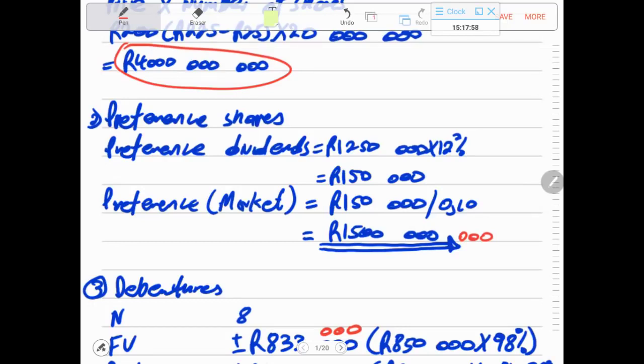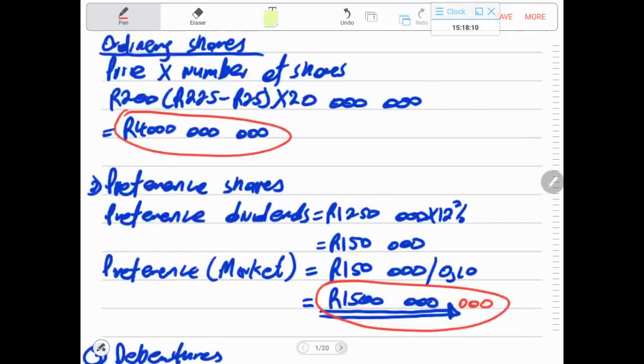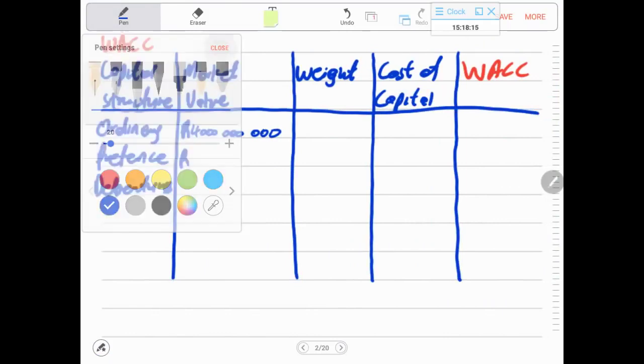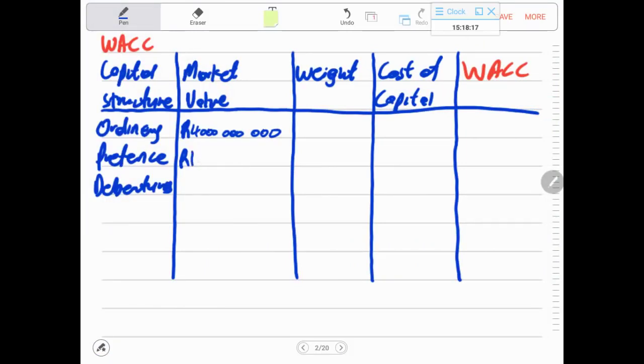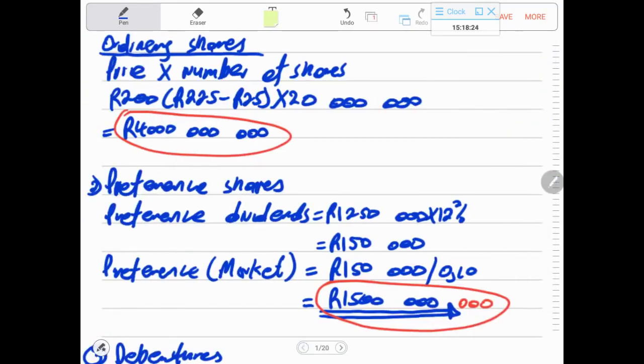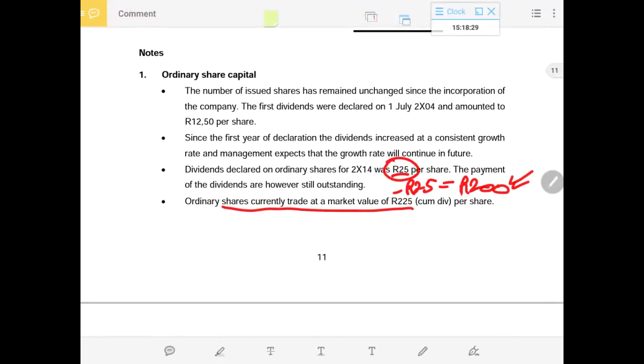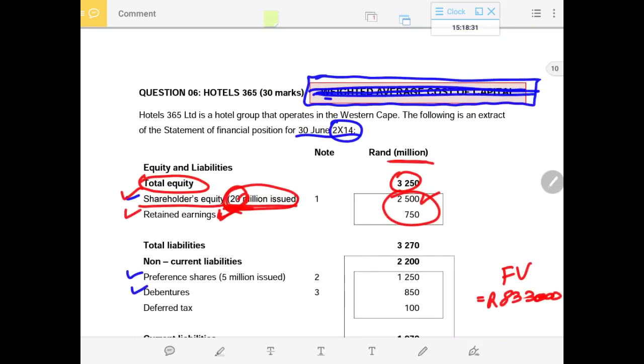So we have that 1,500,000,000. Then we record that in our preference, 1 billion 500 million. Let me go back once again. Where are those 3 zeros coming from? I want to take all the decimals because in my ordinary I took all the decimals.